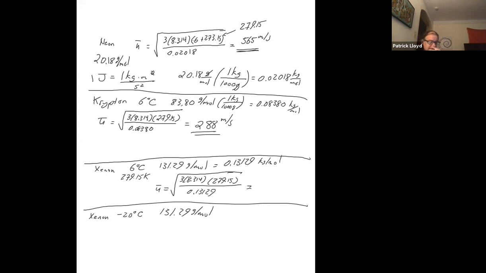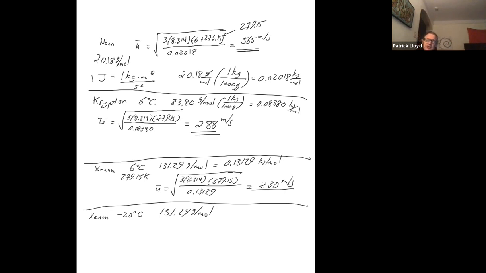You're dividing by a larger number, right? 0.13 is larger than 0.08. So the heavier it gets, the smaller that speed is going to be. And you get 230. So it's getting slower, right? The heavier they are, the slower they're going to move. For those first 3, the temperature is the same every time.